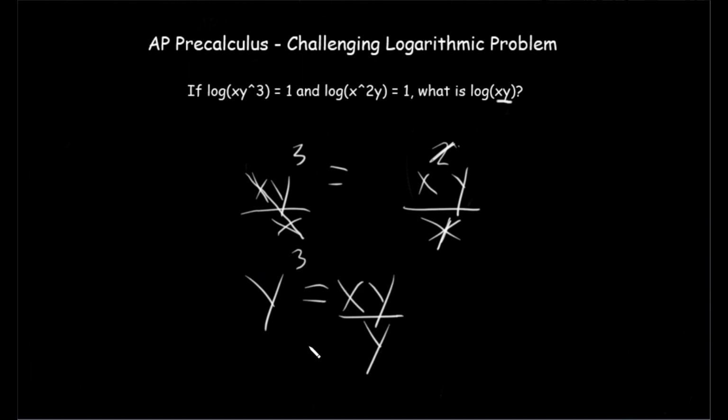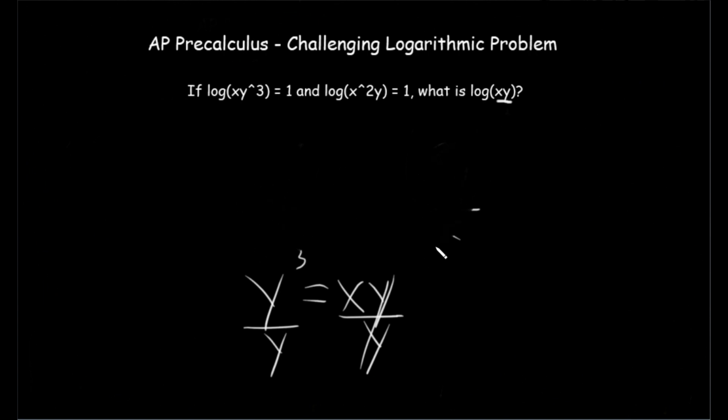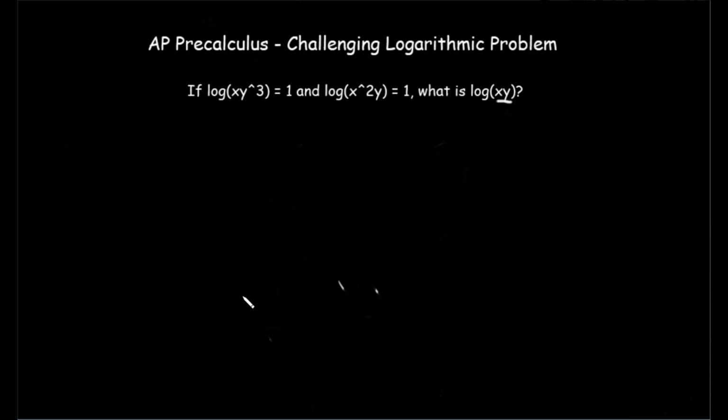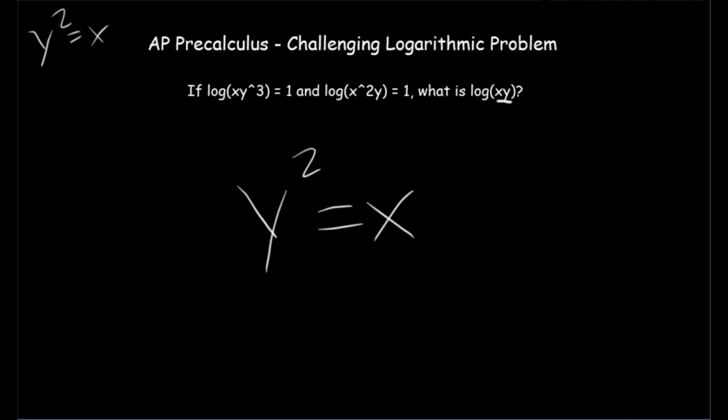Then you can divide y on both sides, and when you do that, you're going to be given y squared equals x. And we can actually write that up here, just for future reference.